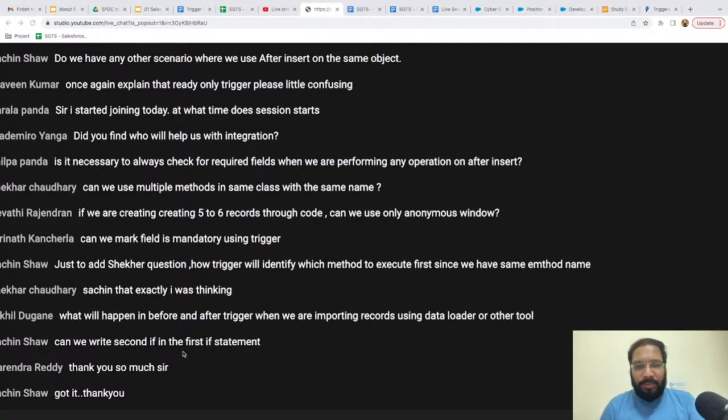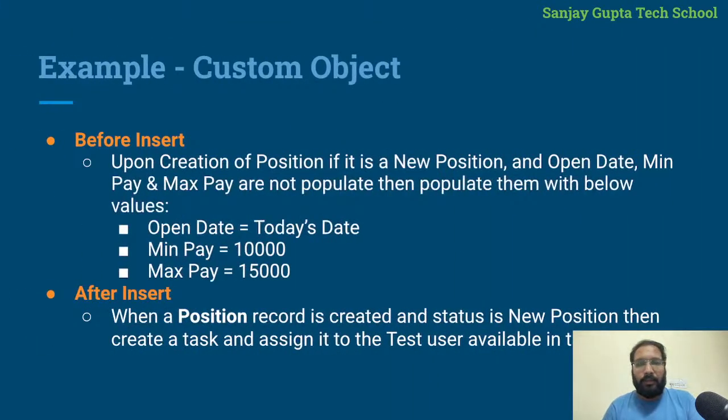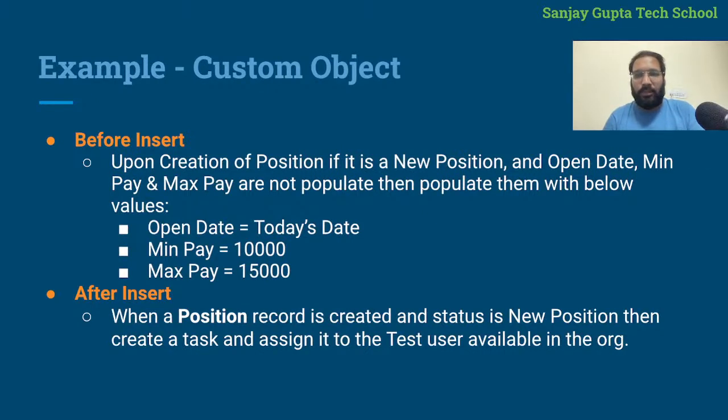Okay, so I don't see much questions because this is very straightforward. So I think everybody understood it well. Now moving to the next requirement, and to understand this requirement, I just need to shift my location so that you can read it properly. So basically the requirement says when a position record is created, and status is new position, then we need to create a task record, and that task record we need to assign to a user.